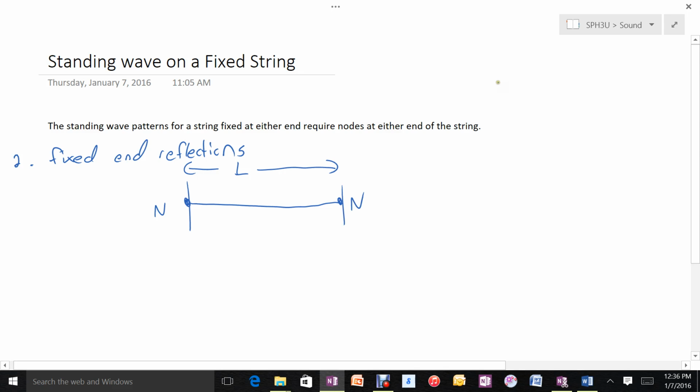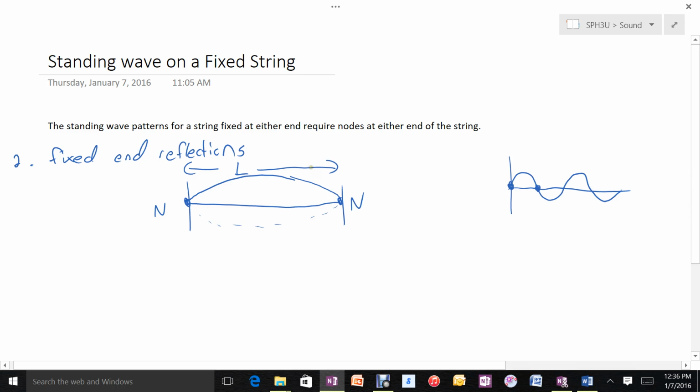Now, to help us with this, I'm just going to draw over here on the side a sine wave. So if I have to go from a node to the next node, the simplest pattern that I can imagine existing on the string is going straight up and straight down like that. This is an arbitrary choice. I could have just as easily drawn it below the axis like that. Either way, the relationship remains the same here.